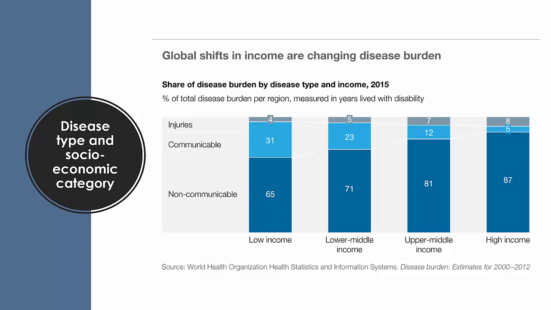And you can see, not surprisingly perhaps, that low-income countries tend to suffer more from communicable diseases, that is to say contagious diseases, and things like cholera, for example, and diphtheria, and some of those more traditional infectious diseases, whereas the more developed and high-income nations tend to have a higher percentage of non-communicable diseases, and that would include diseases like, for example, cancer, heart disease, and so on. Some of them more chronic diseases that are more associated especially with old age.